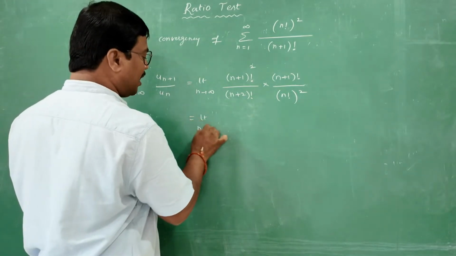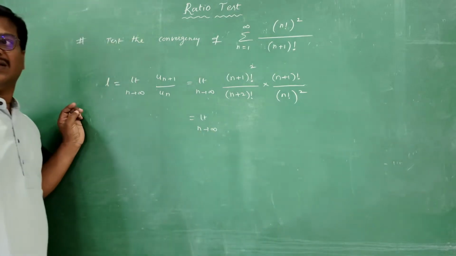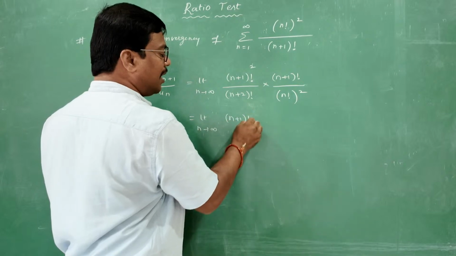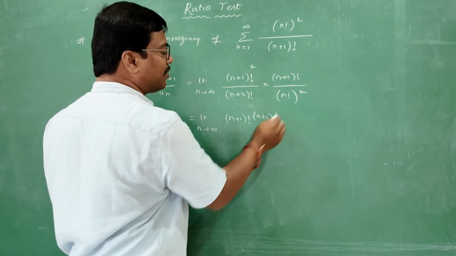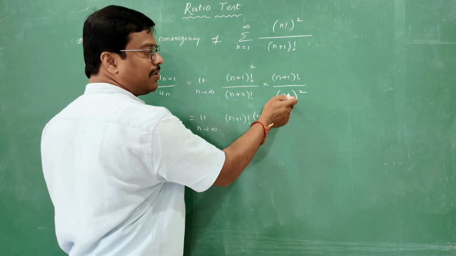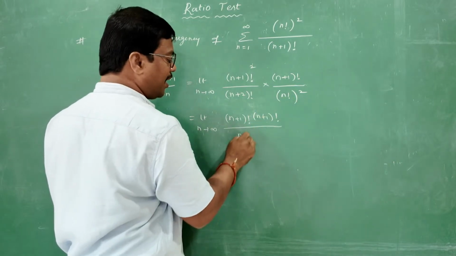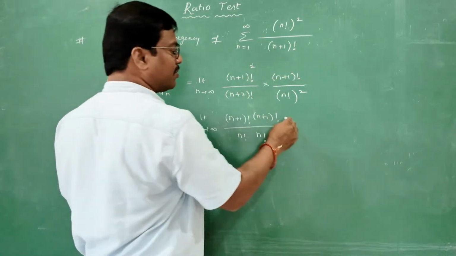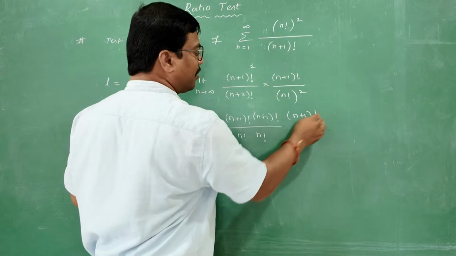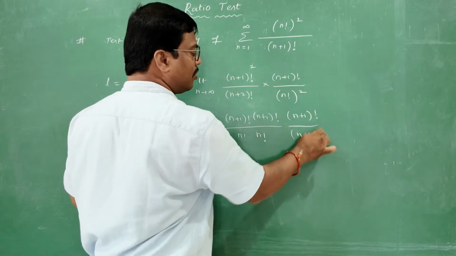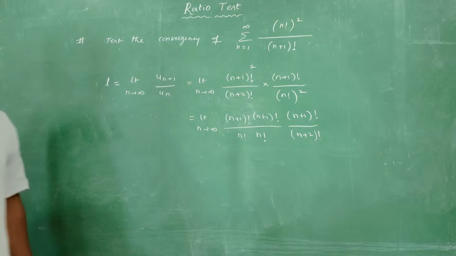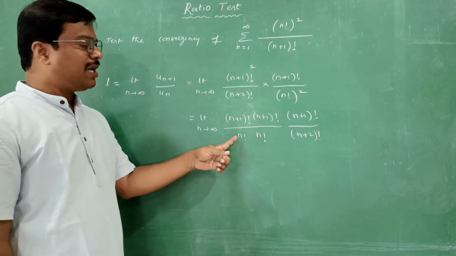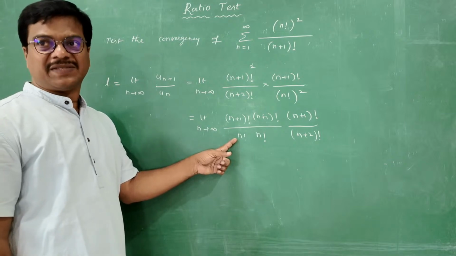In the next step, limit n tends to infinite. N plus 1 factorial whole square is there. So n plus 1 factorial into n plus 1 factorial. Next, here you have n factorial. But I am going to write n factorial into n factorial. Next, remaining these two terms, n plus 1 factorial divided by n plus 2 whole factorial. Okay, yes, this is clearly n plus 1 factorial by n factorial value become n plus 1.